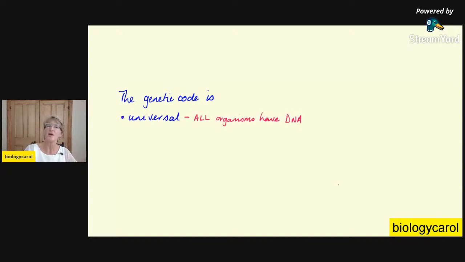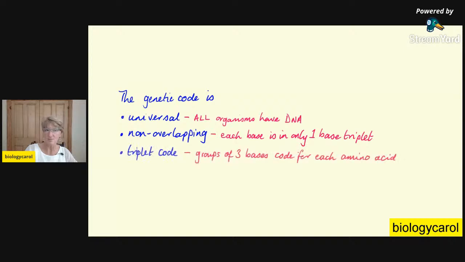So going back over those crucial descriptions of the DNA genetic code, the genetic code is universal. All organisms have DNA and they all have the same code. It is non-overlapping. Each base is only in one base triplet. It is a triplet code, and that simply means the groups of 3 bases code for amino acids.